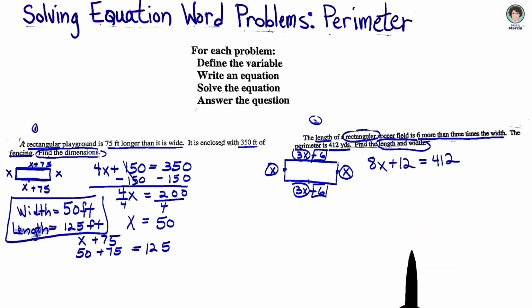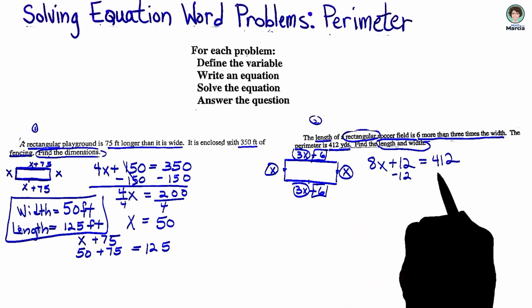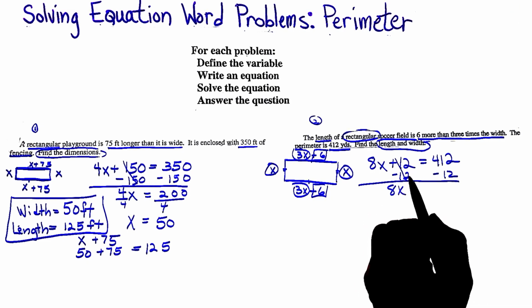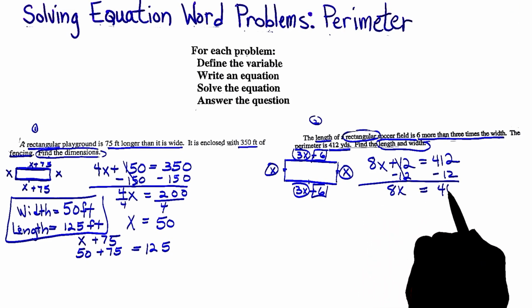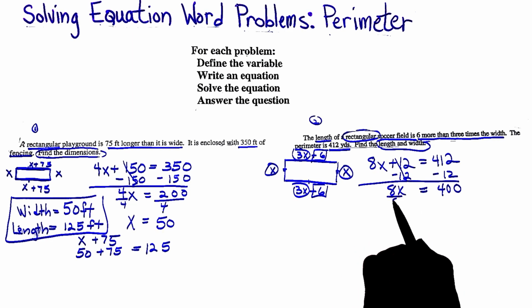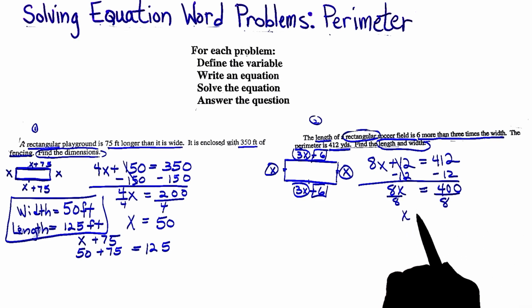I will subtract. You always add or subtract to get that variable alone. And we get that 8x is equal to 400. And finally, this is multiplication. The opposite of multiplication is division. So x is going to be equal to 50.